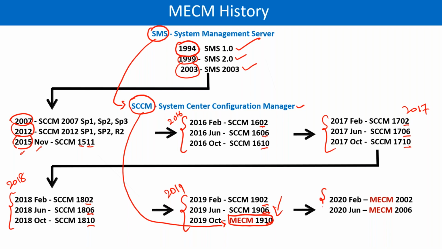And two versions were released in the year 2020. This year, they have released 2002 and 2006. So 2006 is the latest and greatest version that released in the month of June 2020.